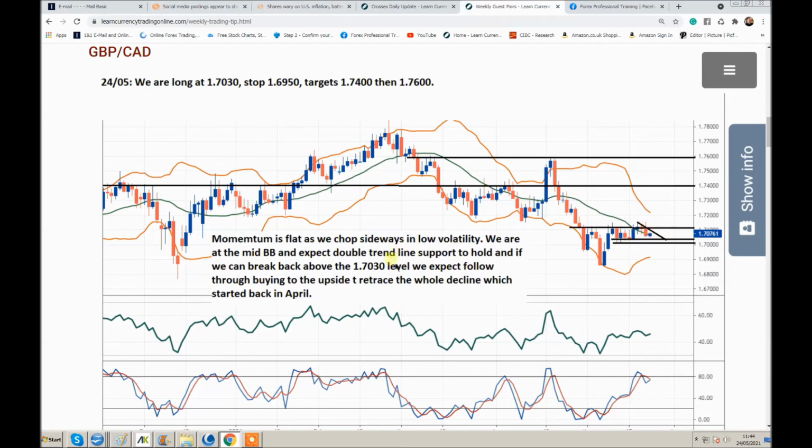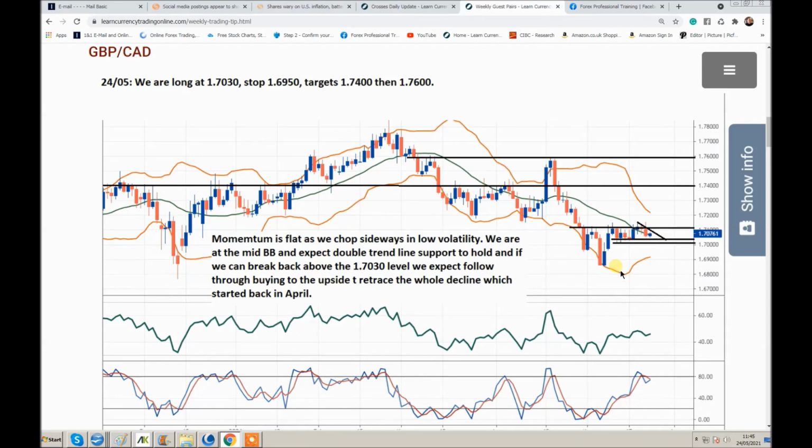If we can get clear of that, actually I've just noticed a mistake I made. I put break back above 170.30. It should be 171.30, clear of the round number. I'll correct that in a moment and do that in the member centre. But yeah, if we get through here, then a rally to 174, then 176. I really like the look of this trade setup. Level of support here, and then you've got the round number, the two tails here, and our stop is back from that. If we break higher, we can bring our stop up. But this one looks really good to us as well.